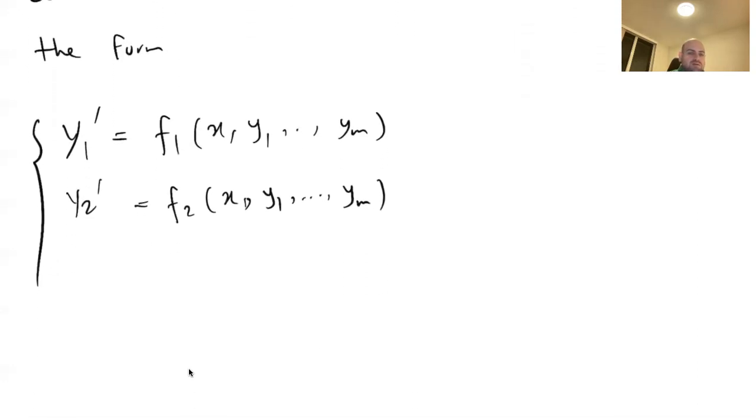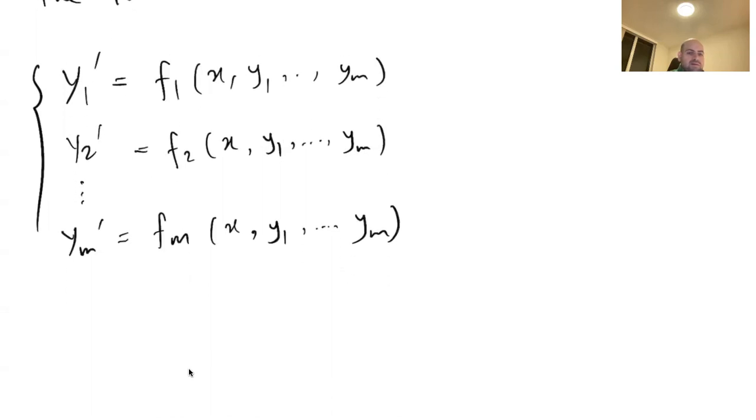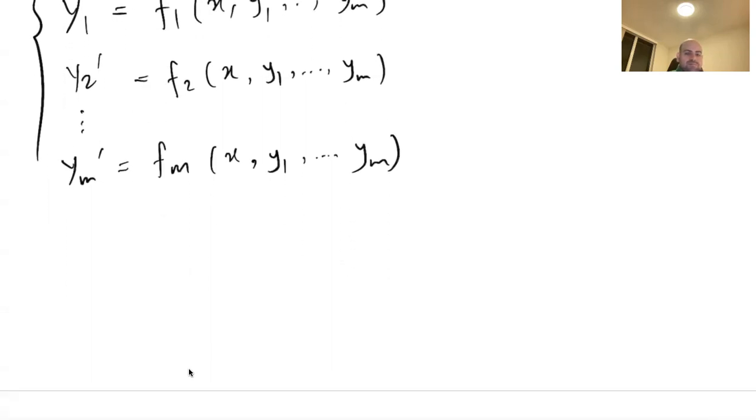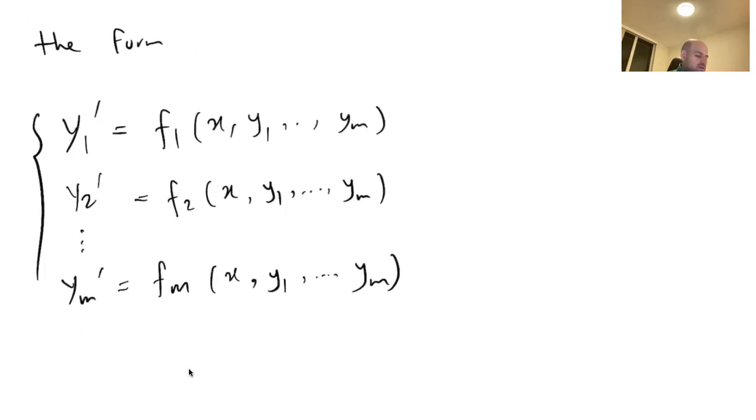And all the way to, let's say, ym prime equals fm of x and y1 to ym. So consider a system of this form.